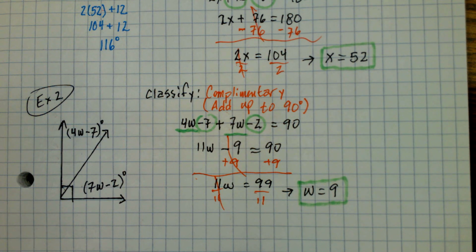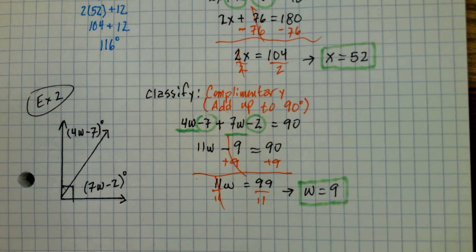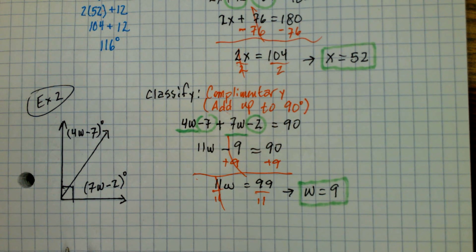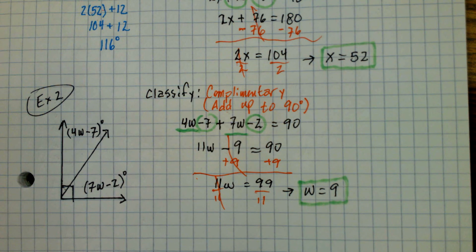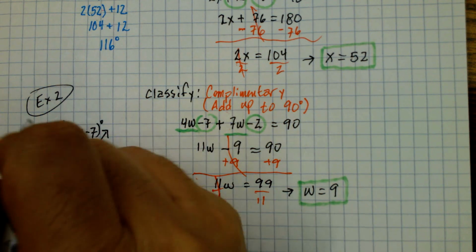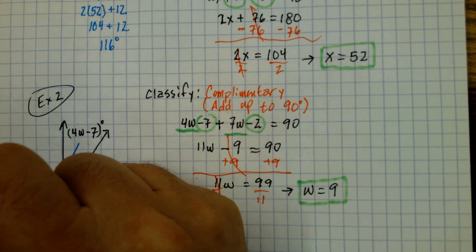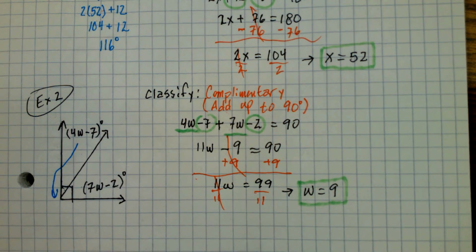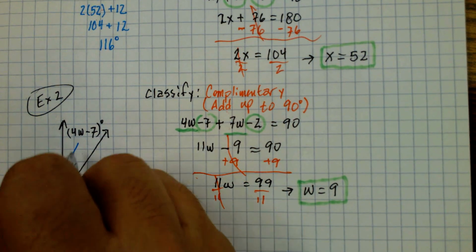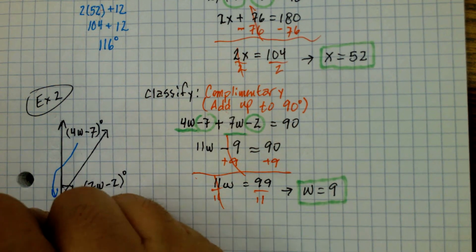So let's see. How do I figure out, if I figure out one of these angles, I can figure out the other one real easily. So what do we do to figure out one of them? Okay. Let's replace w with 9 here.